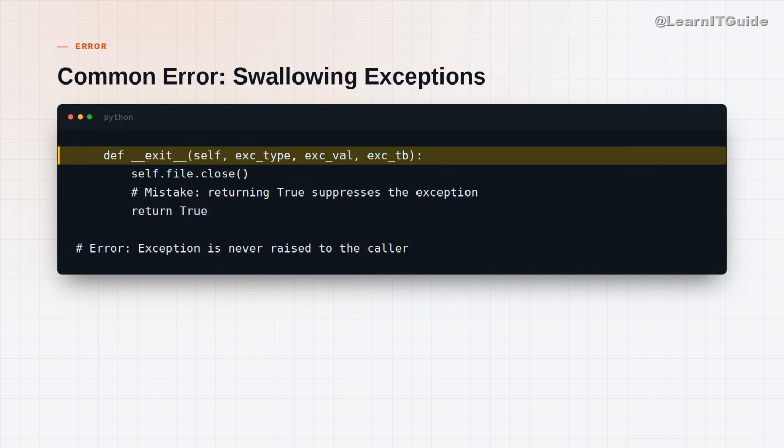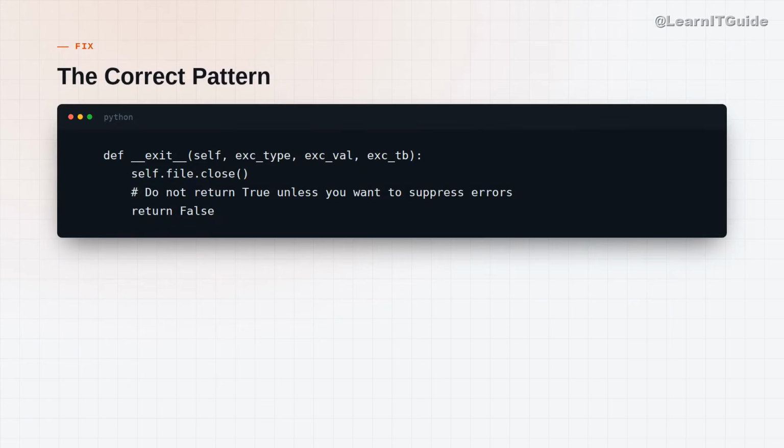Always be very careful with what your __exit__ method returns. The fix is simple. Ensure your __exit__ method returns False, which is actually the default behavior if you do not return anything. This allows any exceptions to propagate naturally so you can debug them when they happen, instead of wondering why your code failed silently.